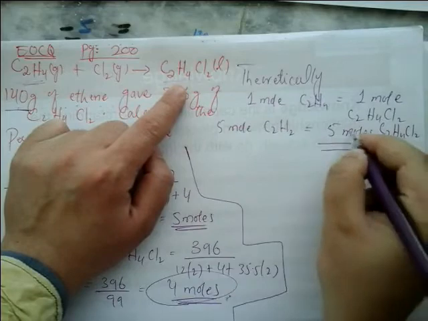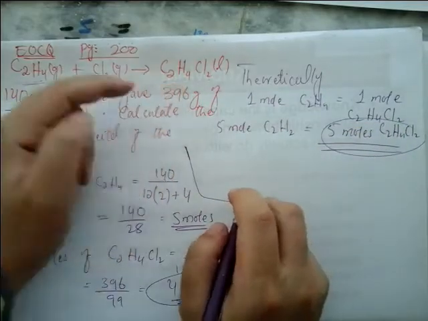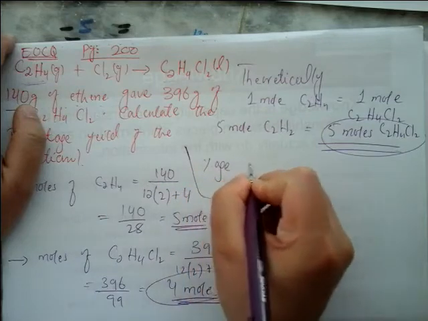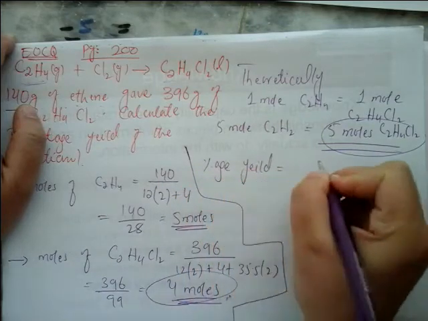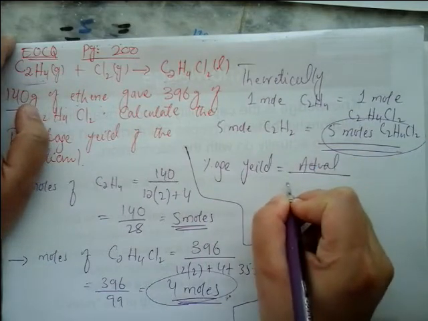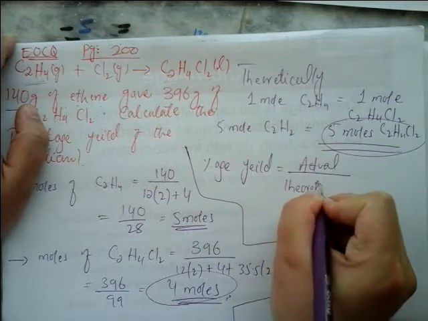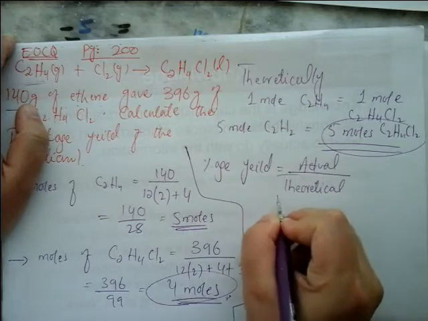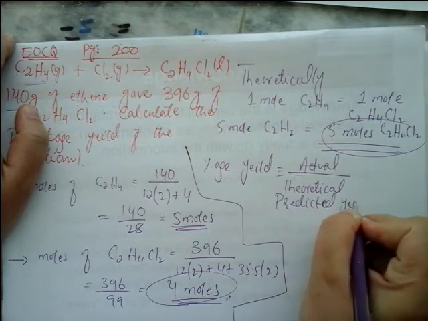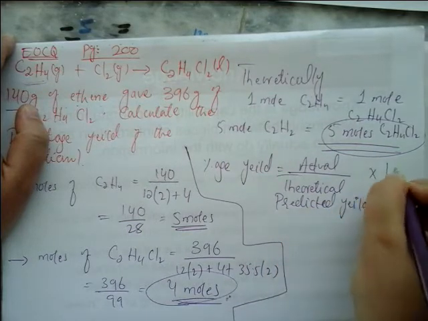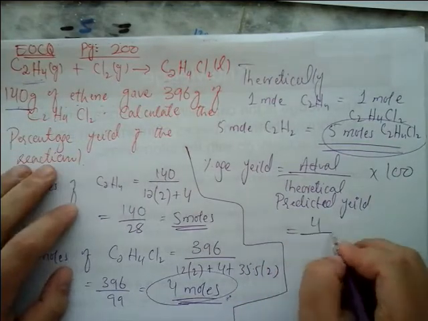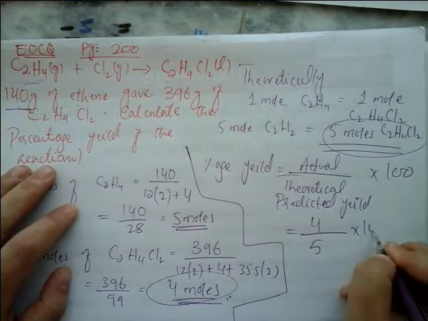So we will use this value of theoretical yield in the formula: percentage yield is equal to actual yield divided by theoretical or predicted yield multiplied by 100. Is that clear? So actual yield is 4 moles divided by 5 moles multiplied by 100.